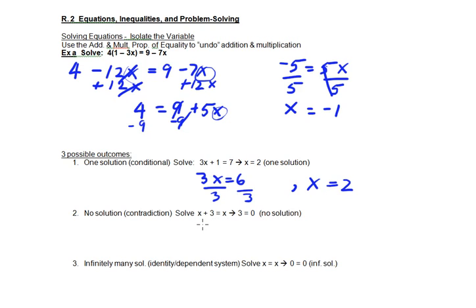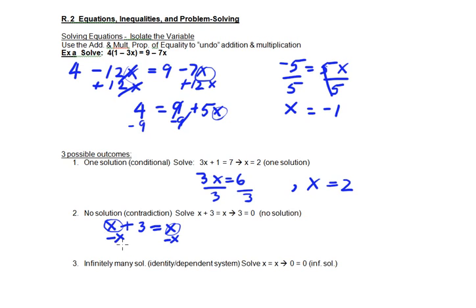So if we take a look at the second example, we have this equation that x plus 3 is equal to x. And you can have more complicated equations, but I think this will do for us. If we try to isolate the x, we see x's on 2 sides of the equation. And so as we had done before, we usually try to subtract off one of them to combine our x terms, so we would subtract off the x.